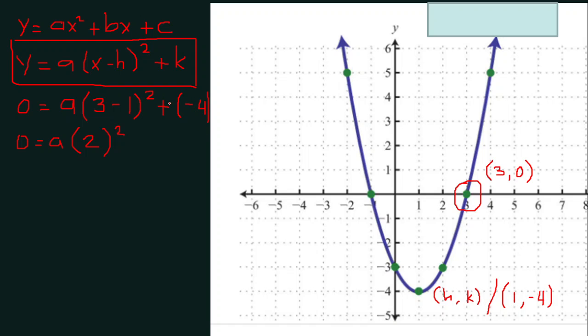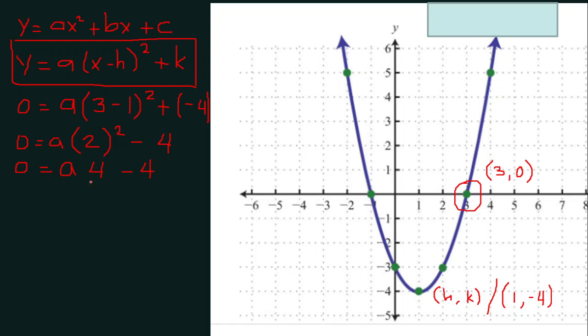This only means that this is a multiplication of signs. So positive times negative gives us negative, and then just copy 4. Let's simplify further. So you have 0 is equal to a, 2 raised to the power 2 is 4, minus 4.